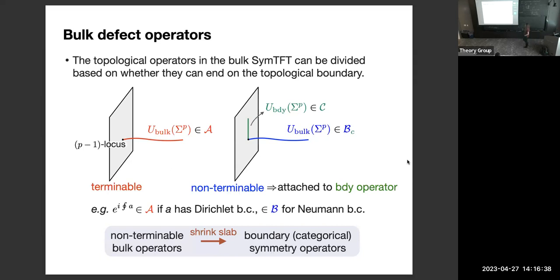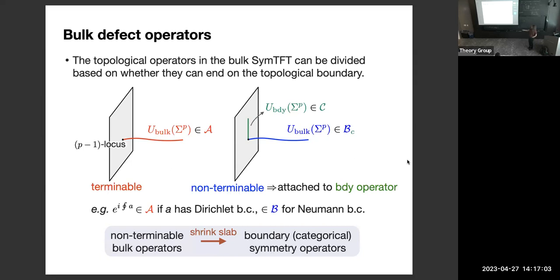So one possibility is that my bulk symmetry TFT operator, some possibly extended operator that depends on some P dimensional submanifold of the D+1 dimensional bulk, can end or terminate on the topological boundary, on some P-1 locus of the topological boundary.